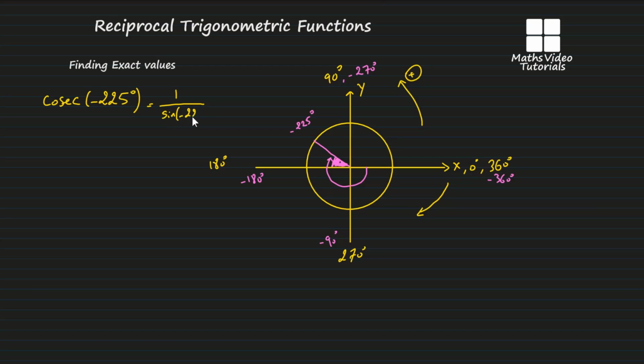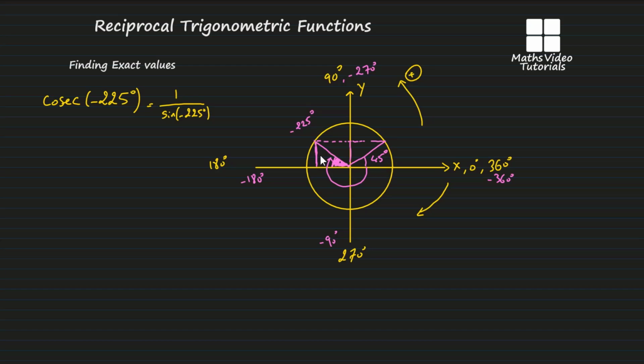negative 225. Since we know that the sine is represented by the vertical line, this one here, because this vertical line is opposite our angle, you can see it is exactly the same as this one here. It is in the positive part of the y-axis. If I project it on this part of the circle, it would give me this angle 45 as well.